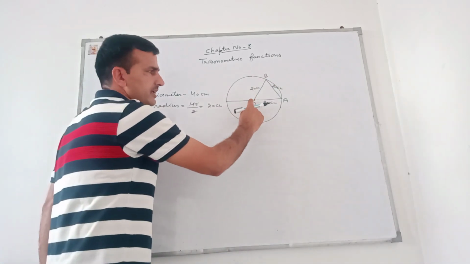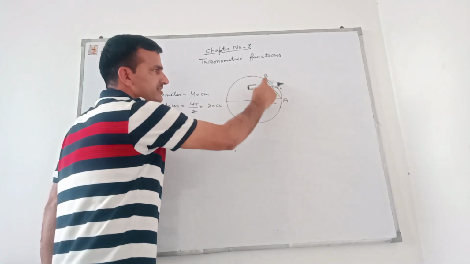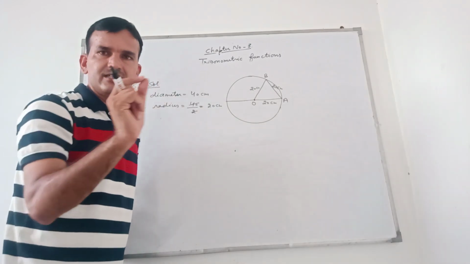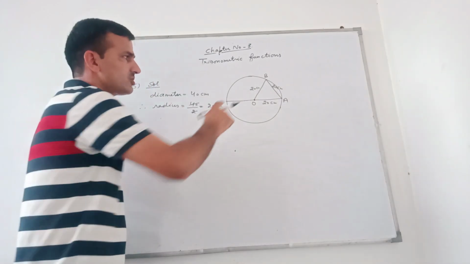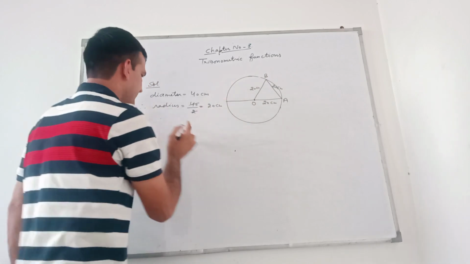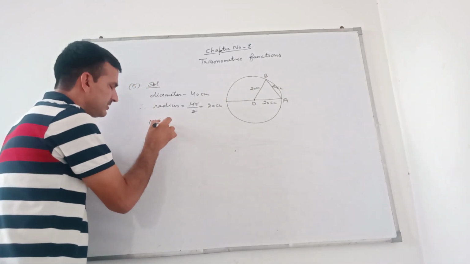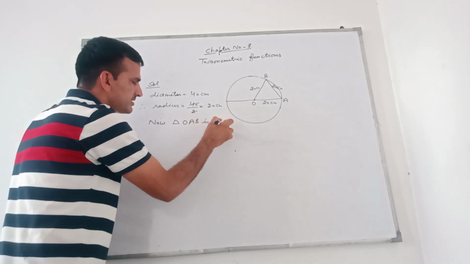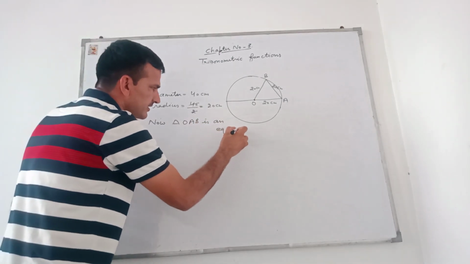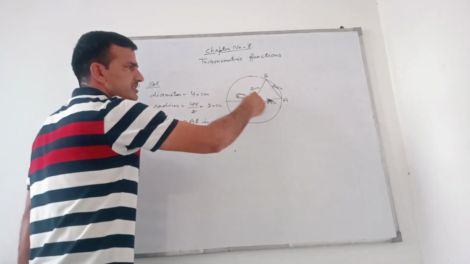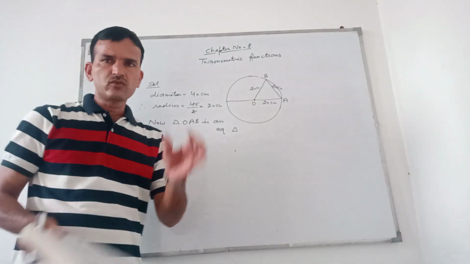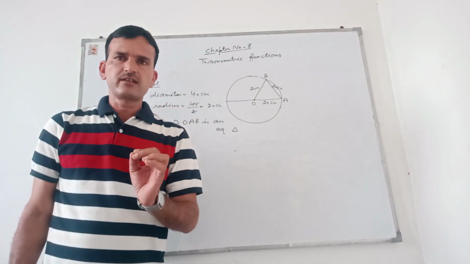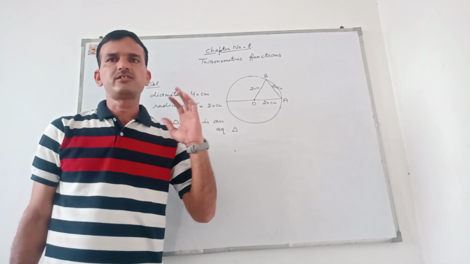Now this triangle OAB is an equilateral triangle because all sides are equal. We know that in an equilateral triangle all angles are 60 degree.